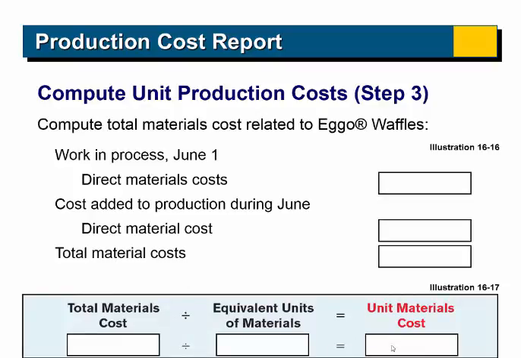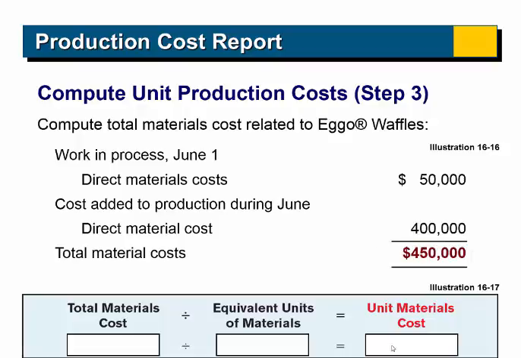So, for the materials calculation only, the direct materials brought over from May was 50,000, and we had another 400,000 incurred in June. Adding those two together, we've got a total materials cost of 450,000.